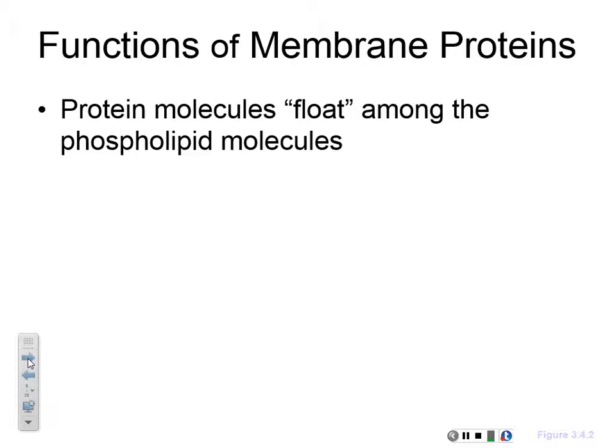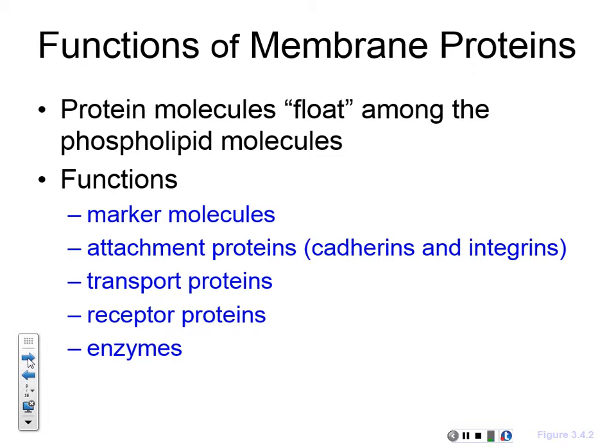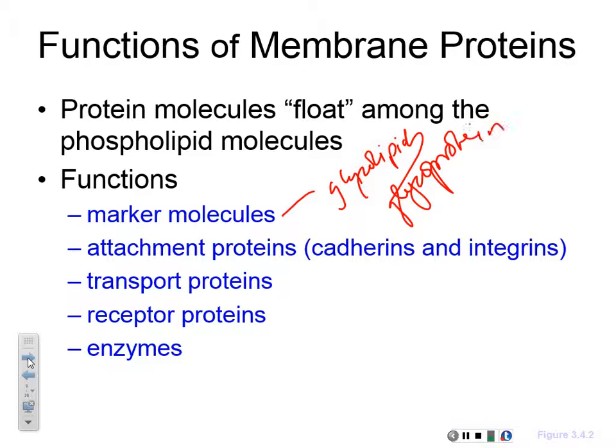So protein molecules kind of sort of float in there because again it's kind of fluid, the lipid bilayer. That's why it's called fluid mosaic model. So you got the marker molecules here, which we said glycolipids and glycoproteins. Can you see that? The glycoproteins. So these marker molecules, very important for cell-to-cell recognition, right?